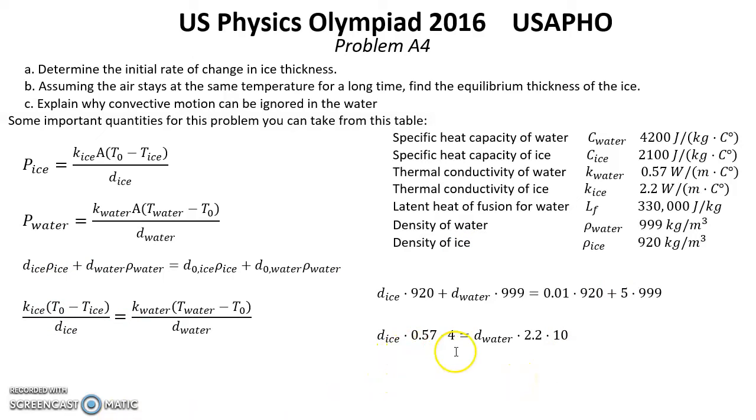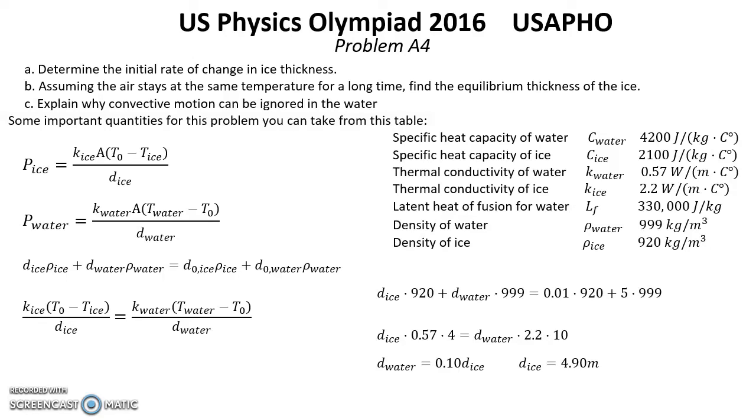From the second equation we can find that d water is approximately equal to 0.1 of d ice. When we put this into the first equation, we find that the thickness of ice is approximately 4.9 meters. It means that the thickness of water is about 49 centimeters. That was the answer for question B.